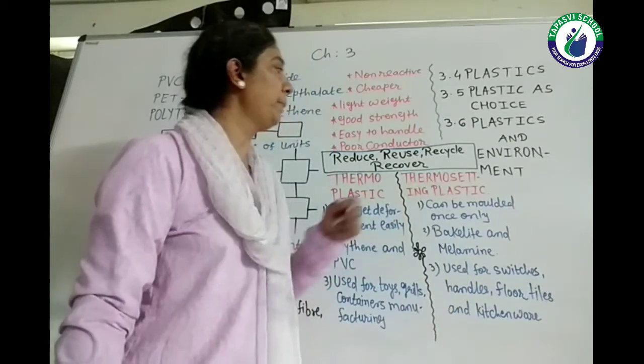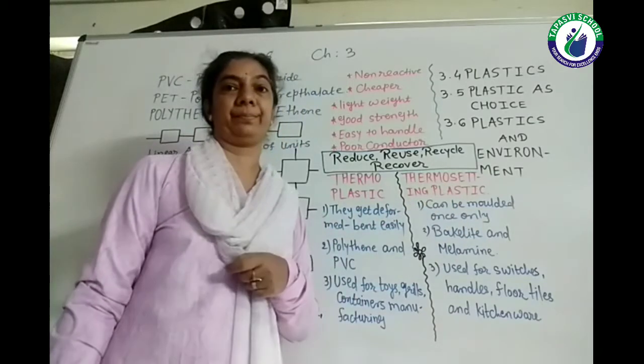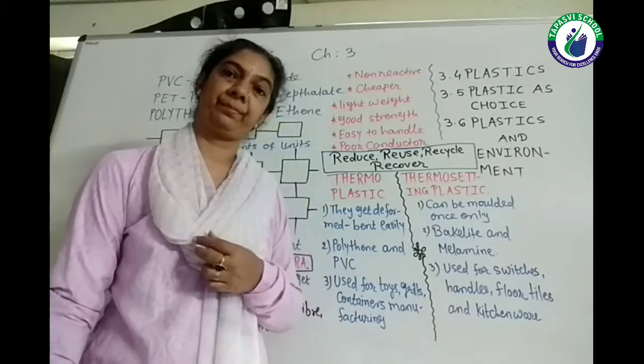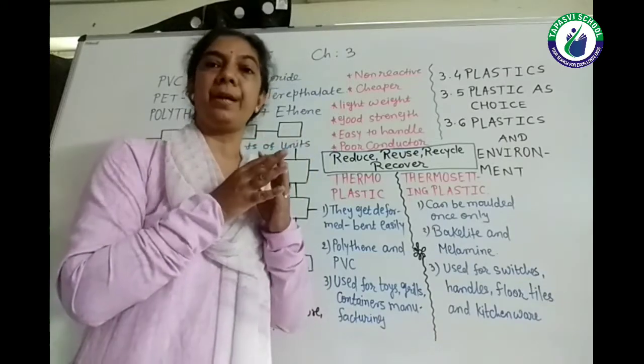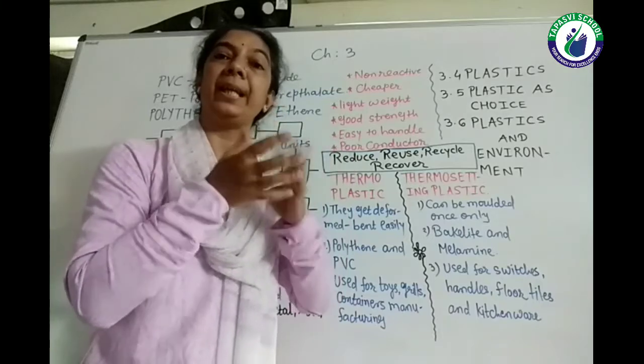These thermosetting plastics cannot be molded easily. Once we give any shape to them, after heating we cannot remold them, we cannot reshape them, we cannot deform them very easily.